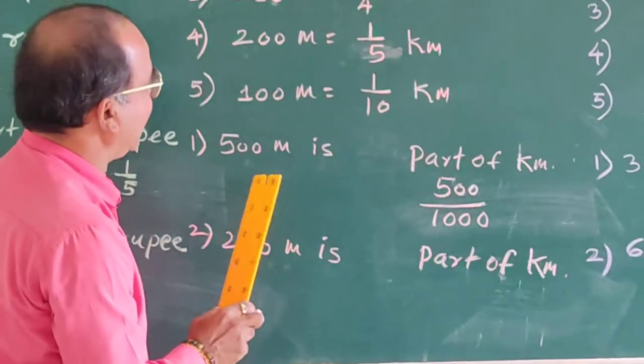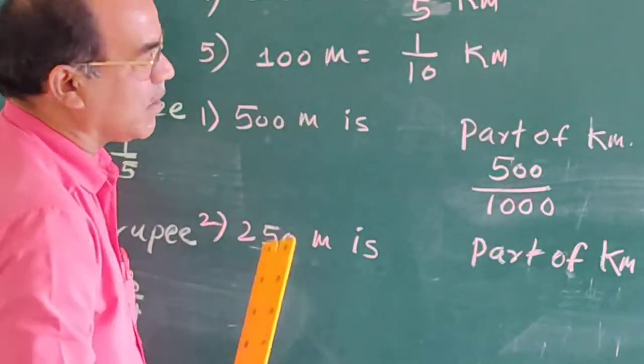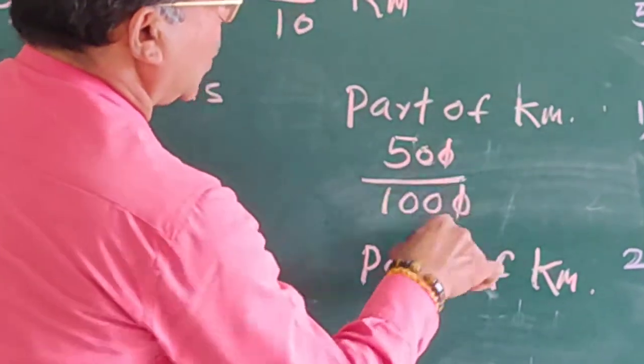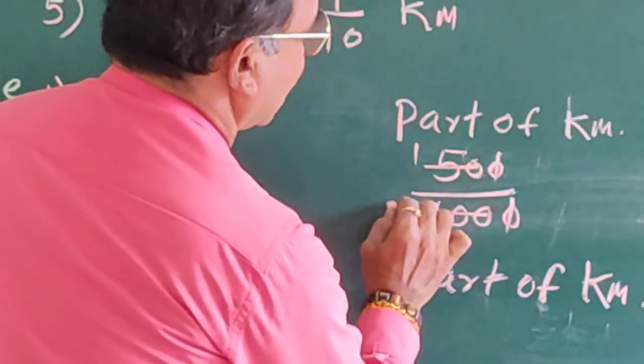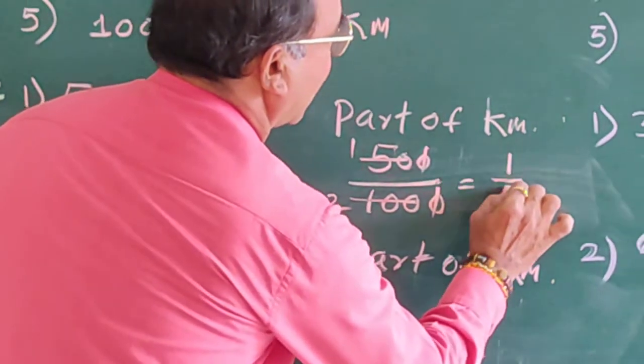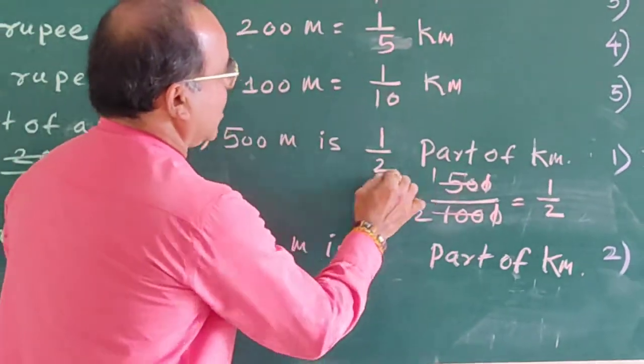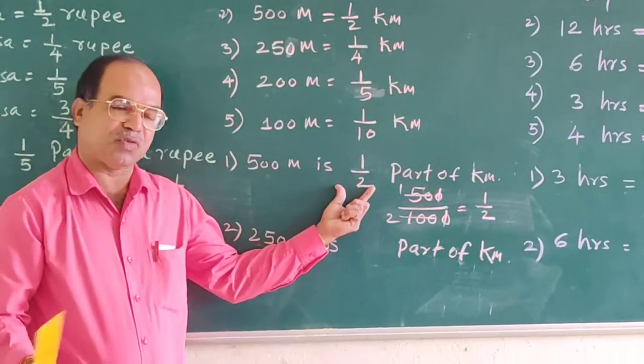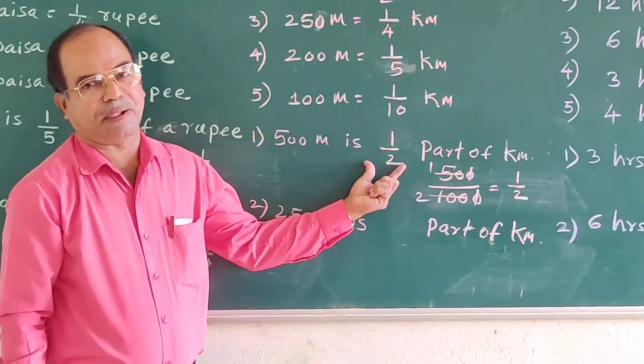So we are finding 500 meter is what part of kilometer. Cancelling the zeros, 50 upon 100 is equal to 1 upon 2. So the answer is 500 meter is a half part of kilometer, or it is also called a half kilometer.